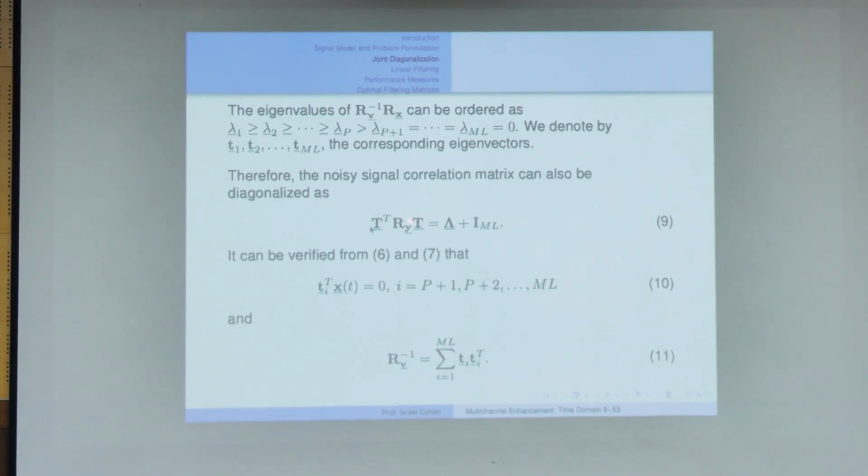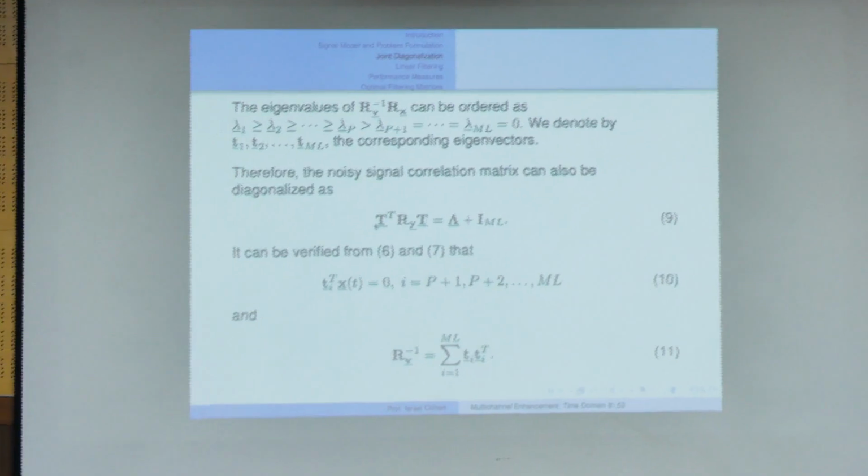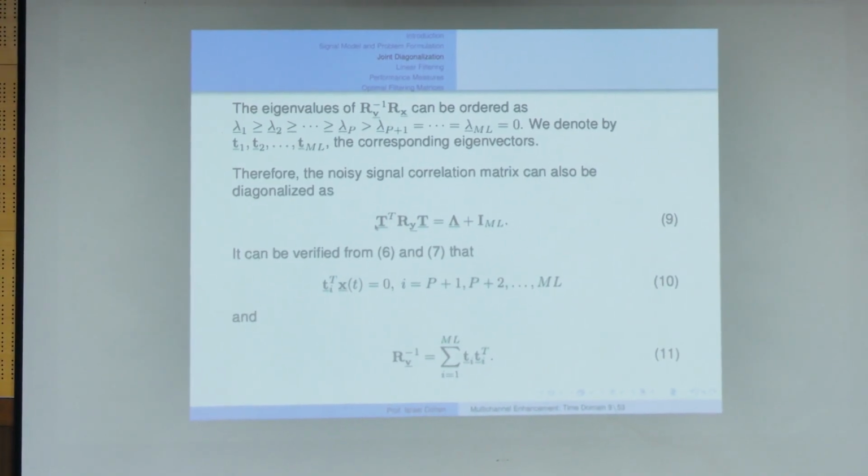This matrix enables us to separate between the signal subspace and the noise subspace. And then it's much easier to work over there. But in fact, to find this matrix requires some computational complexity, and if it's a non-stationary signal, then this transform changes over time.